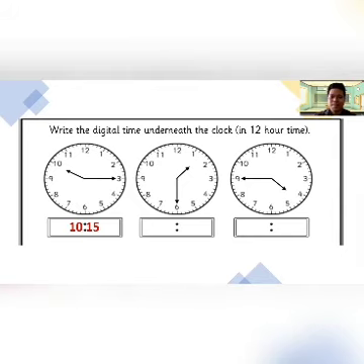What time is this? All right, so it is 1:30. Very good. How about the last one? Yes, this is 4:45. Very good. You are very good with this lesson, kids.